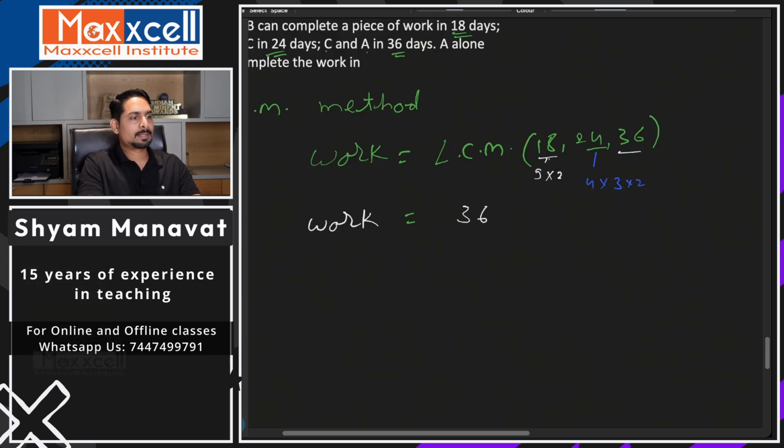Now in this 36 I already have 4, because 4 nines are 36, and in 9 I already have 3. So 4 and 3 are already there. The extra 2 which is not there, I will put here as multiplication, and that gives me the LCM. 36 twos are 72. That will get me the LCM.